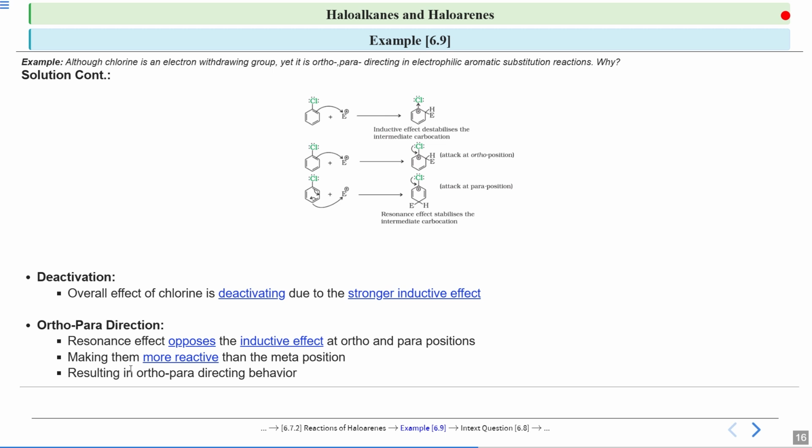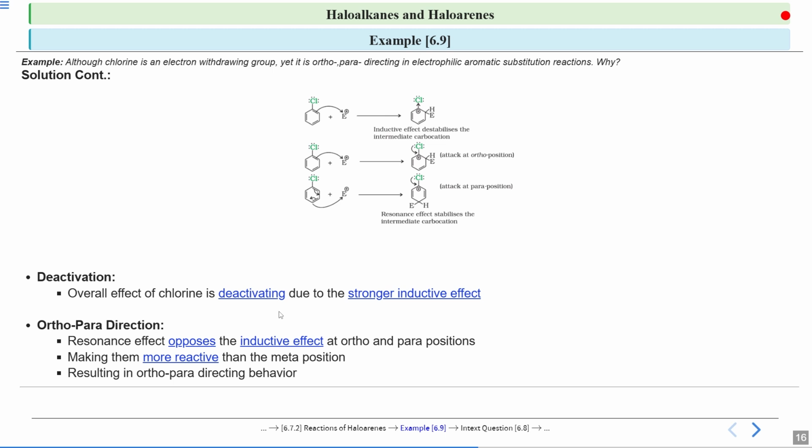At the meta position, the resonance effect is not considered, and the electrophile attacks on the ortho and the para positions, and you get ortho-para substituted products. We can easily say that reactivity is controlled by the stronger inductive effect, but the orientation is controlled by the resonance effect, which here is ortho-para directing.